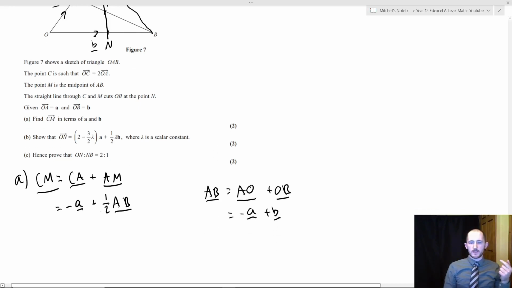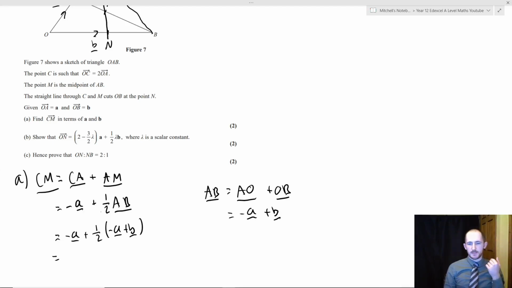So in total, it's going to be minus a plus a half of minus a plus b. So minus a minus a further half a is going to be minus 3 over 2 a, and that's just going to be plus a half b. And that's it for 2 marks.